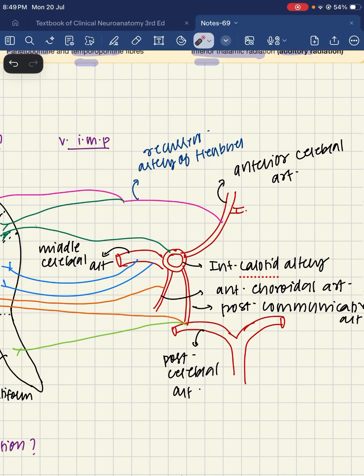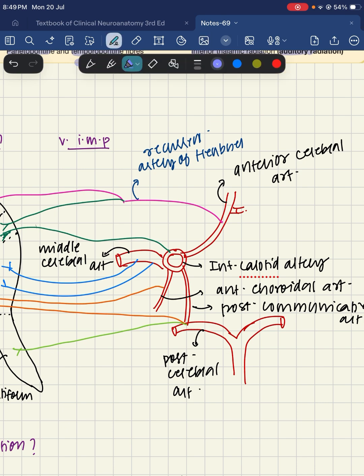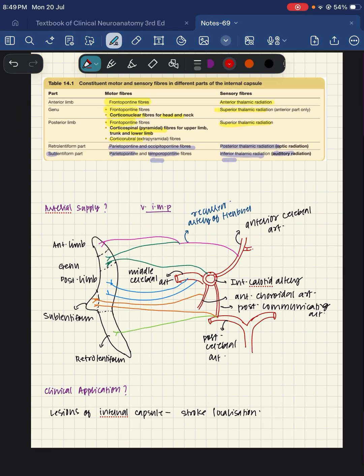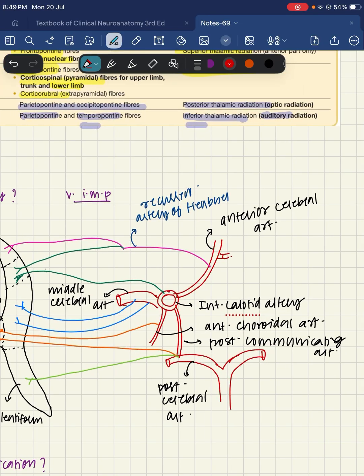Okay, so I hope you remember the circle of Willis. If you do remember the circle of Willis, it's good. Otherwise, I recommend that you revise the circle of Willis, because this is the internal carotid artery over here. The internal carotid artery has two main branches, I hope you know, the middle cerebral artery and the anterior cerebral artery.